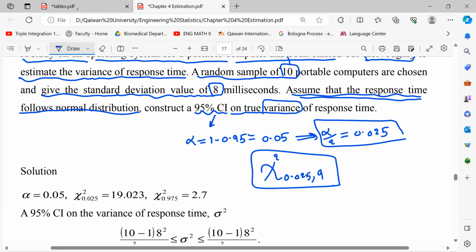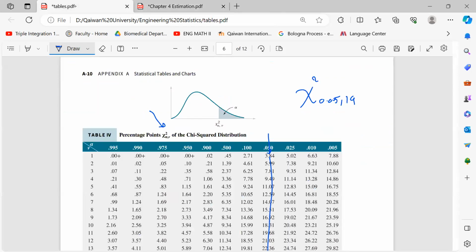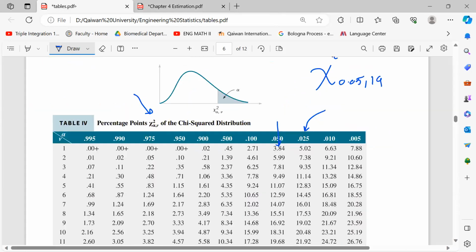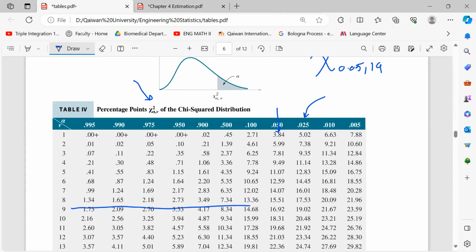Let's find it. From the table, this is 0.025, and 9. It's 19.02.